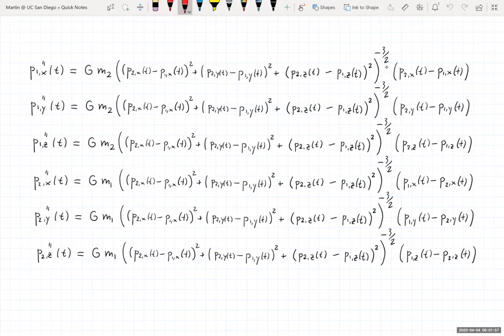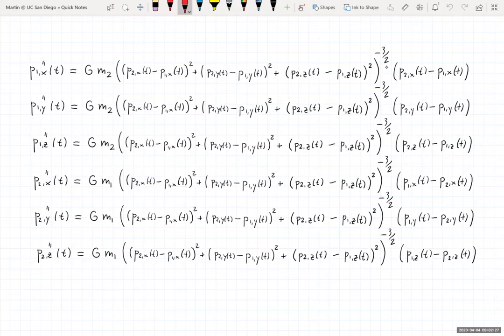Let me interject this screen here. So in the two-body problem, we have this formulation in terms of two vector-valued unknown functions, p1 and p2. And if you struggle to make sense of that, I suggest you take a look at the screen here.